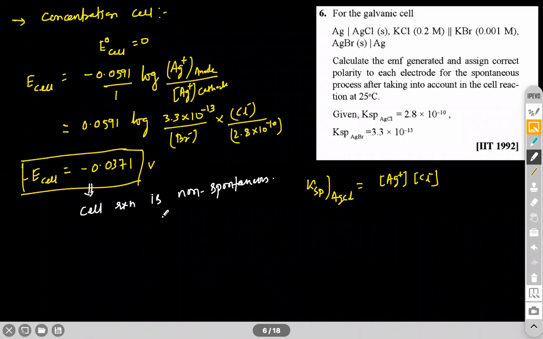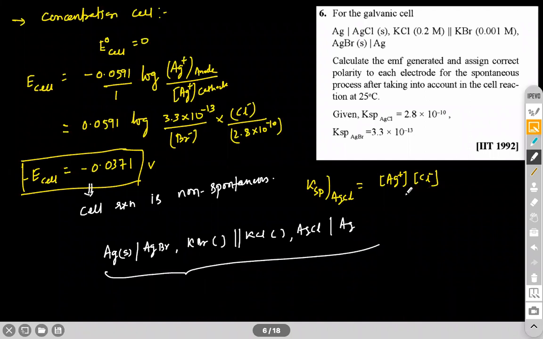So the correct cell is Ag solid, AgBr in KBr with some concentration, salt bridge, then KCl with some concentration, AgCl, phase boundary, Ag, and this is the cell reaction.